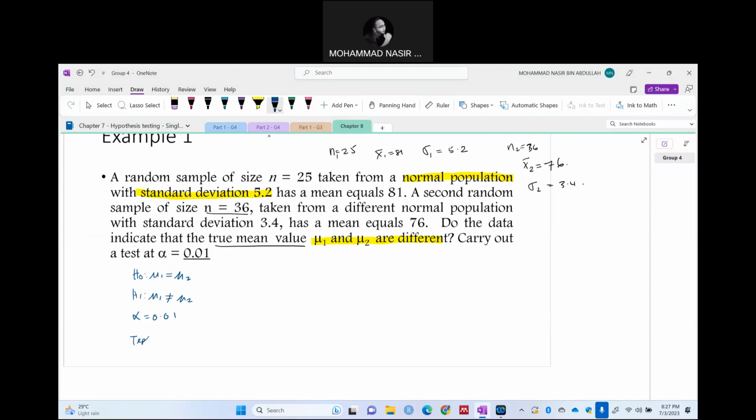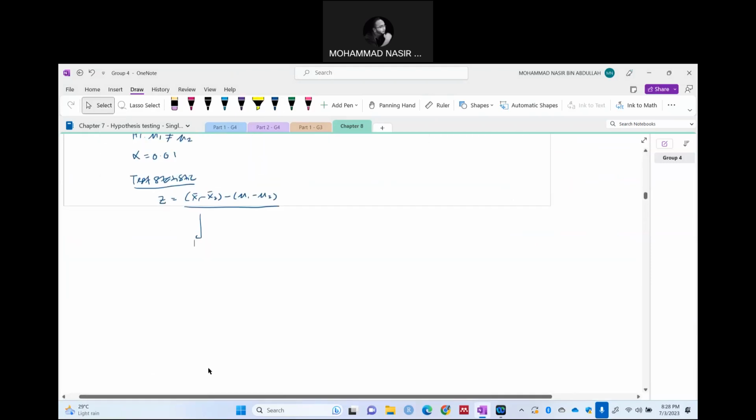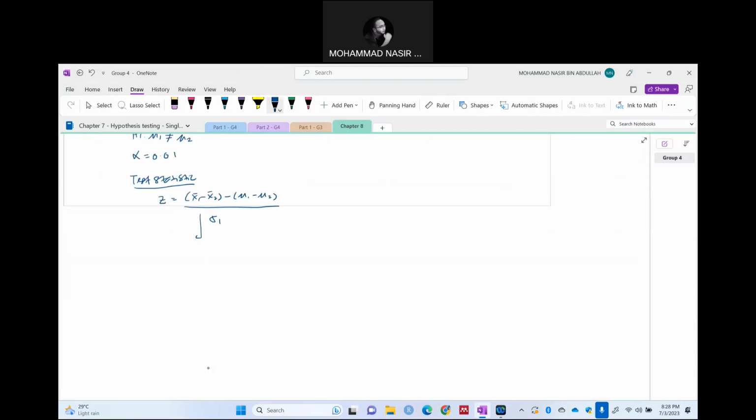The test statistic will be Z equal to x bar 1 minus x bar 2 minus (mu1 minus mu2), divided by the square root of sigma 1 square divided by n1 plus sigma 2 square divided by n2, right?